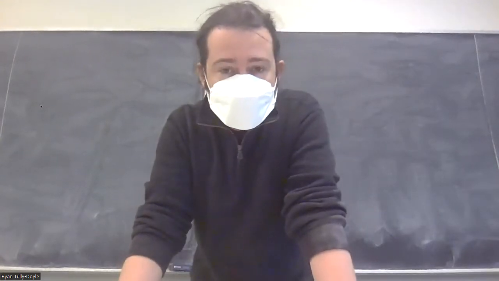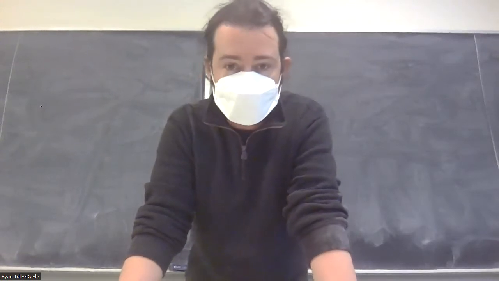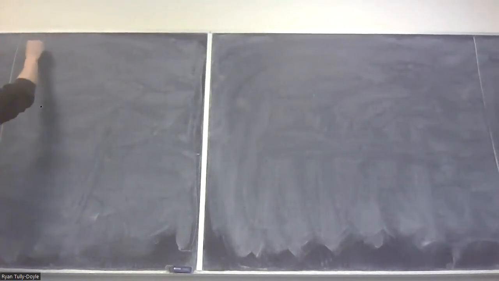Prove that the dimension of the range of T is 1 if and only if there exists a basis of V and a basis of W such that, with respect to these bases, all entries of the matrix of T equal 1. Okay, so prove that. This is 3D6.